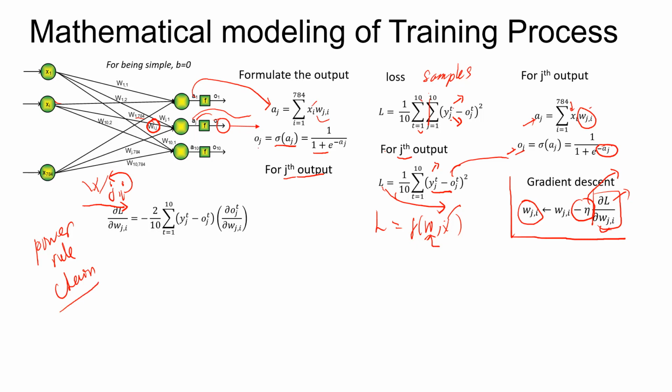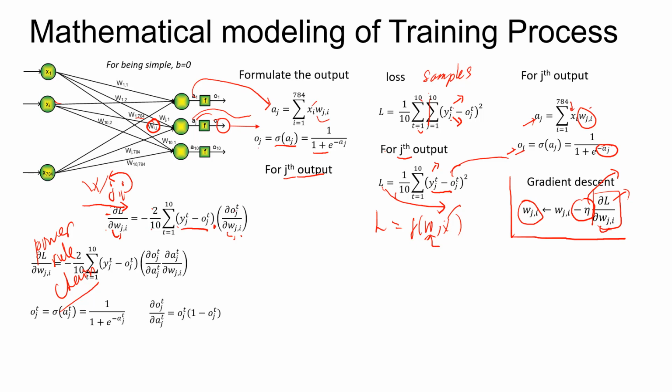By the power rule, the derivative of the loss function with respect to wi equals 2 times this term. We keep the same term, and we get the derivative of the output with respect to wi. From here, we use the chain rule again. We obtain the derivative of the output with respect to a, times the derivative of a with respect to wi.